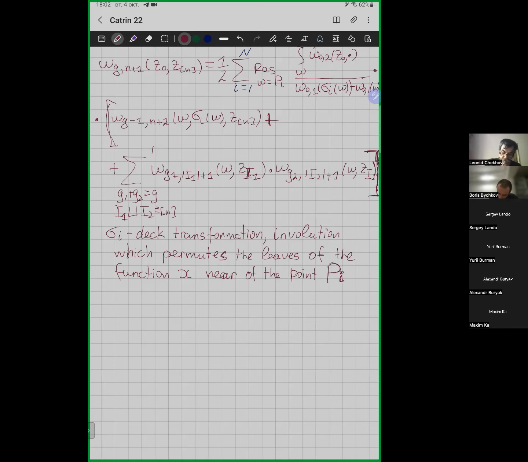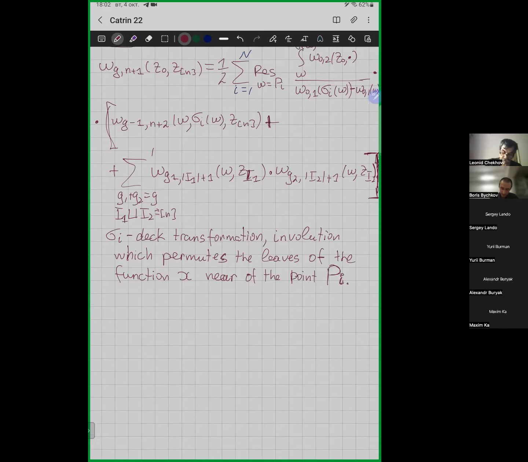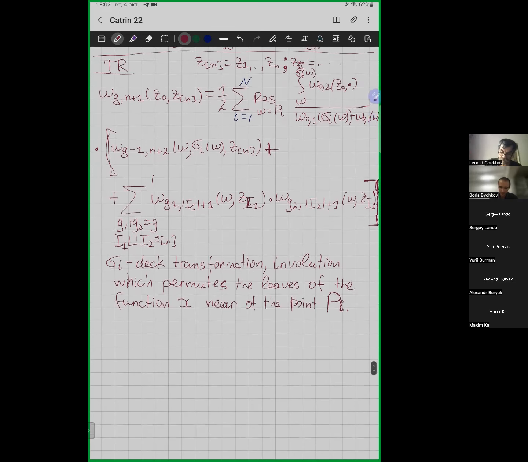So in the case of simple Hurwitz numbers, again, we have here only one term summed in this sum.